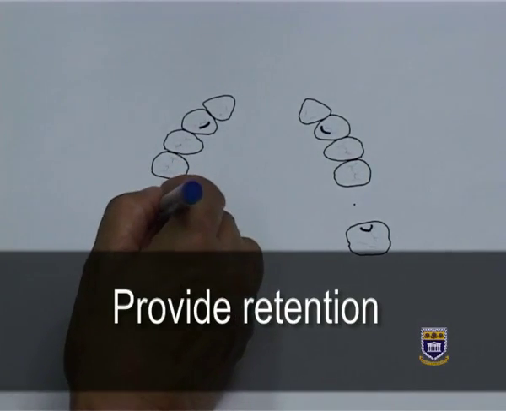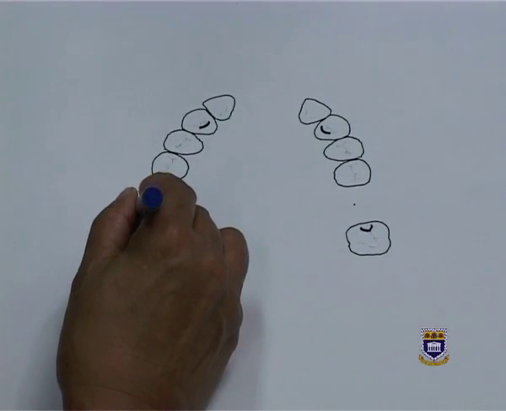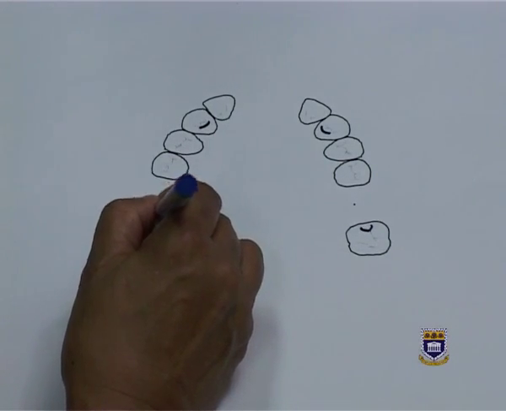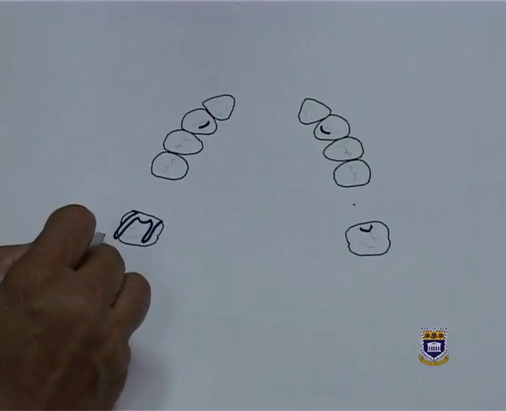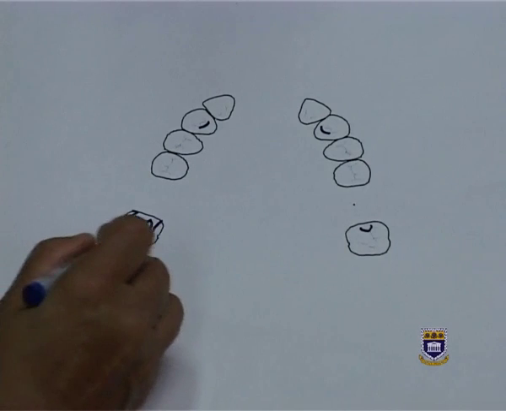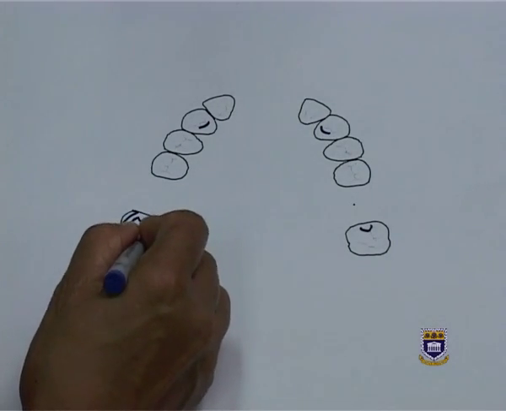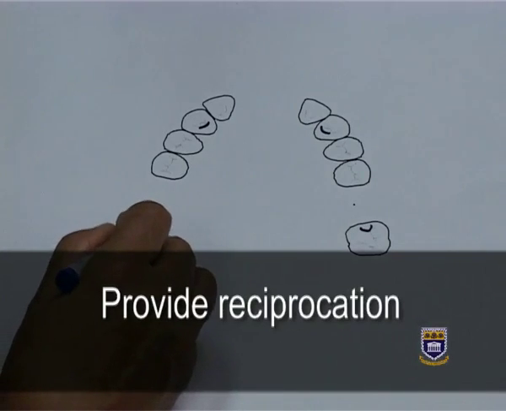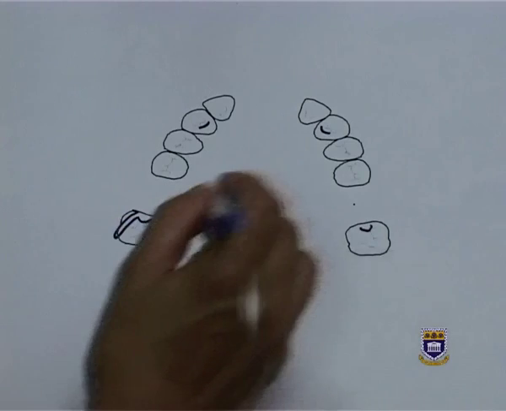This is a metal partial denture, so I will be using circumferential clasps again, and I've got my active arm engaging undercut. It's drawn outside of the line of the tooth, and my reciprocal arm that is not in the undercut area, providing reciprocation for the active arm.